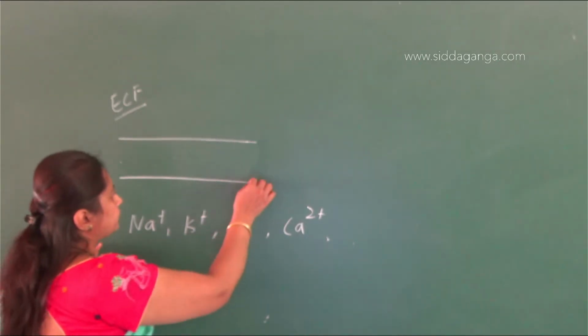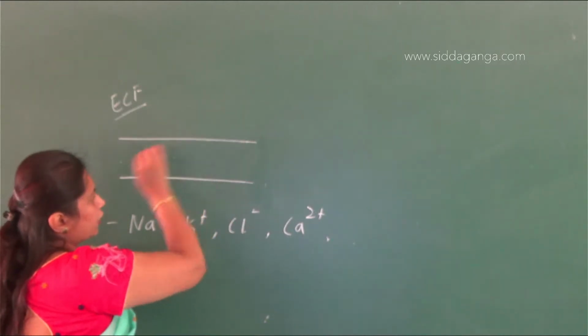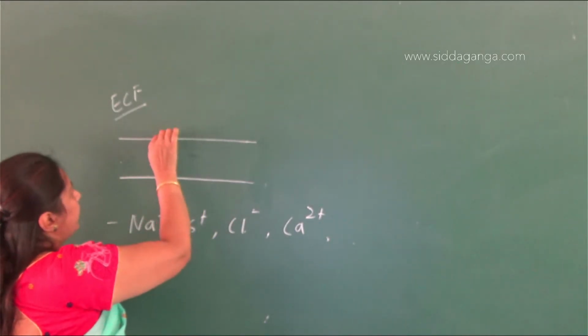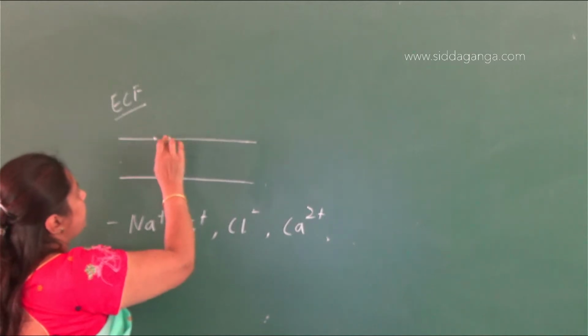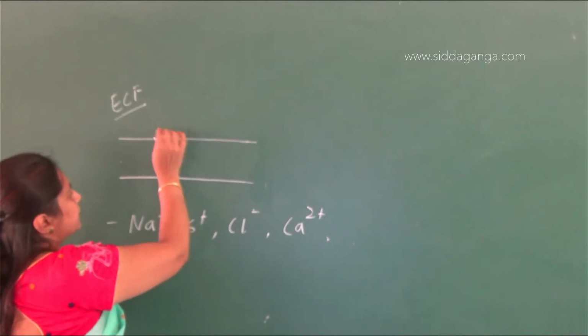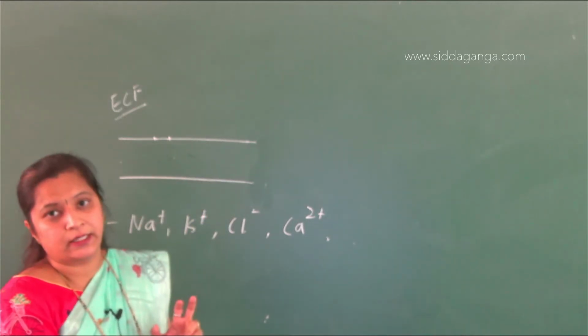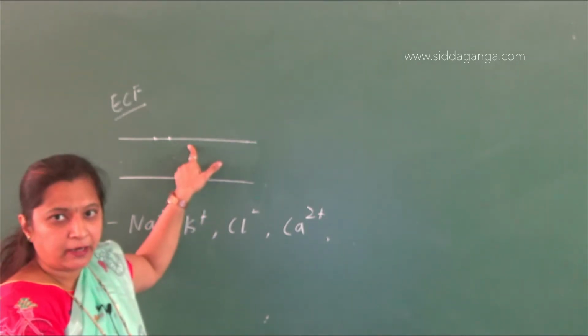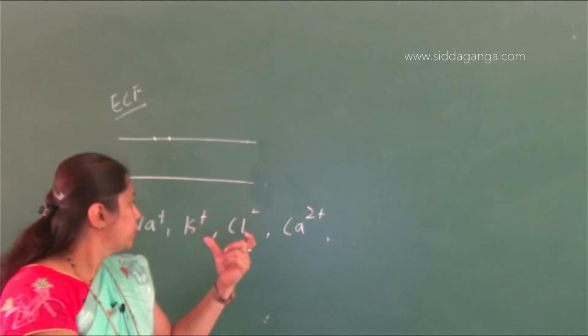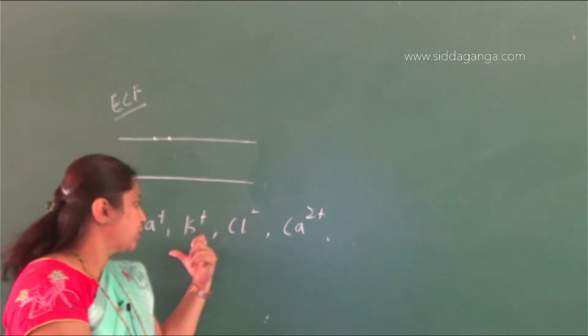Here, this is the axonal membrane, right? This axonal membrane has certain channels or passages. These passages are called ion channels. The axonal membrane has certain passages for the passage of these ions.